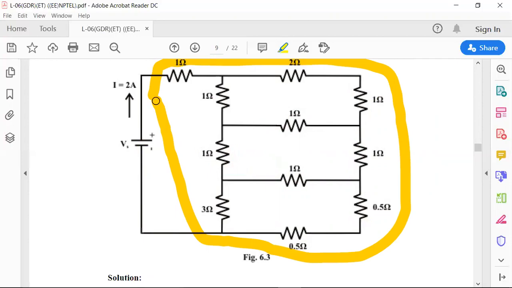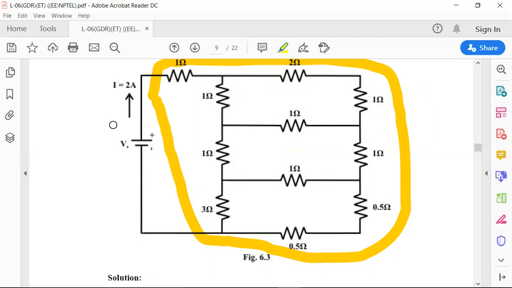For finding the equivalent resistance of this highlighted part, you can use any reduction technique. First we follow series, then parallel. If series and parallel are not possible, then we apply star to delta, delta to star transformation techniques. Is there any possibility for series or parallel here?